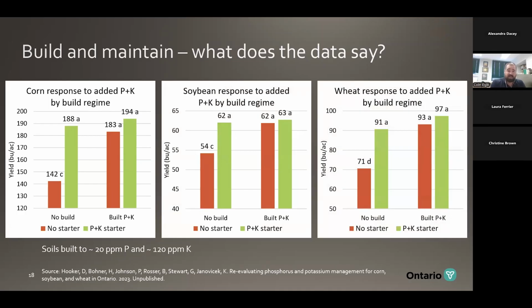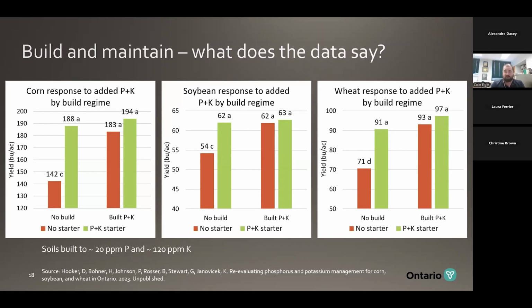In every case, if we're looking for those top yields, we can't quite reach those with low soil test levels for phosphorus and potassium. And we can with our higher soil testing levels. In some cases, we can see a minor response to added fertility at those moderate testing levels. But really, if we're looking for that long-term approach, it looks like that build and maintain approach does work.